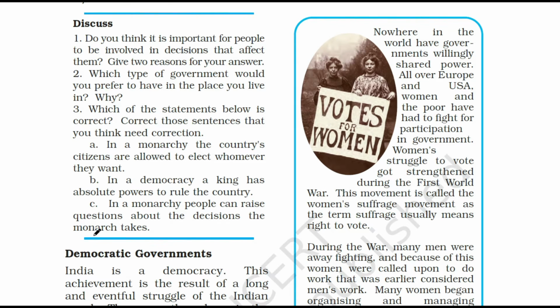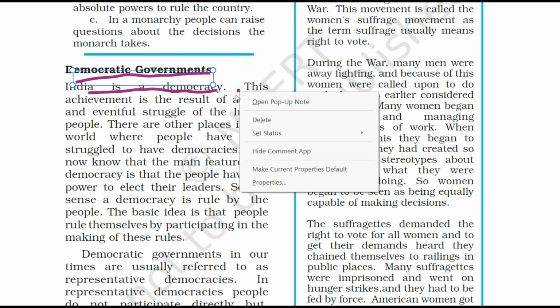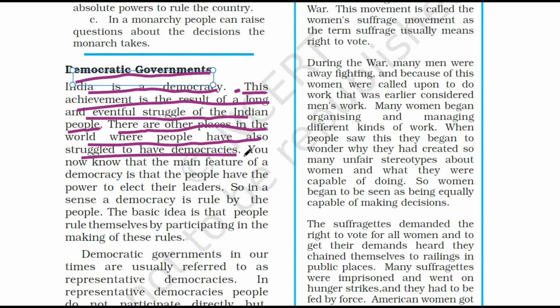So moving on, democratic governments. India is a democracy. Yes, we are a democracy, the world's largest democracy. This achievement is the result of a long and eventful struggle of the Indian people. There are other places in the world where people have struggled to have democracies.